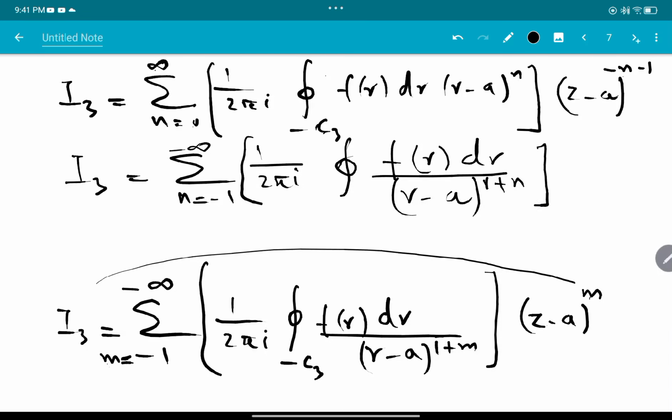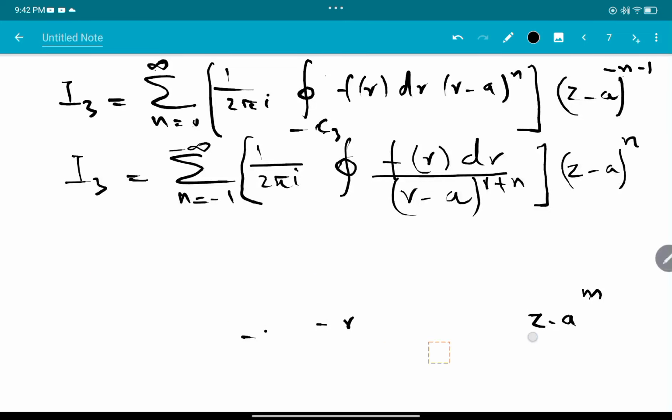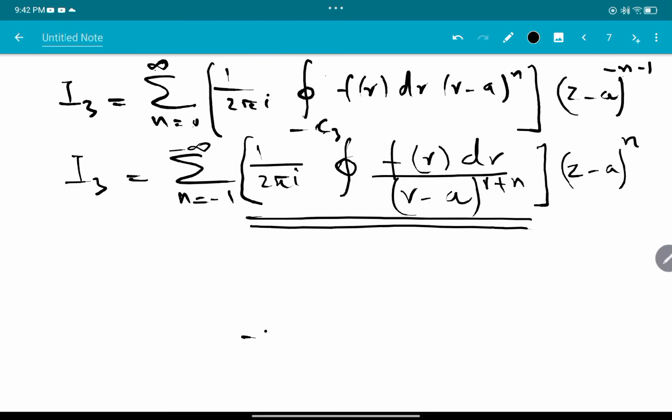This is closed, and then we have z minus a. Z minus a was equal to, what was it? It was m. Yes, we can write n. Good. Now I will do this, that this enclosed contour now has the same shape as the previous.